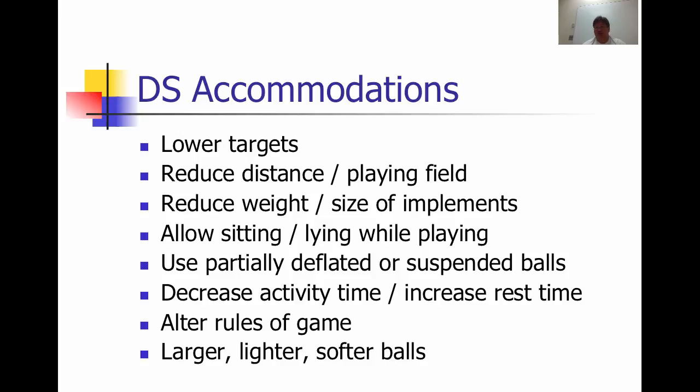I would argue, however, that good physical education is good adapted physical education, because we should always be differentiating and individualizing our instruction for people at different skill levels. So making these kinds of accommodations would just be maybe one step further to help these children be successful in your classes.